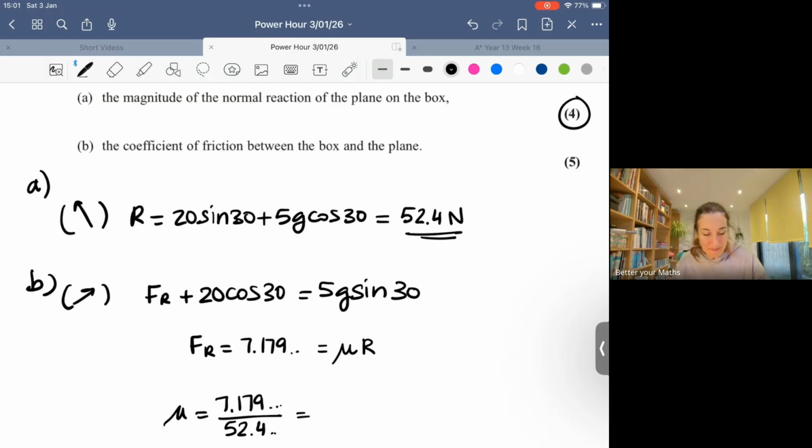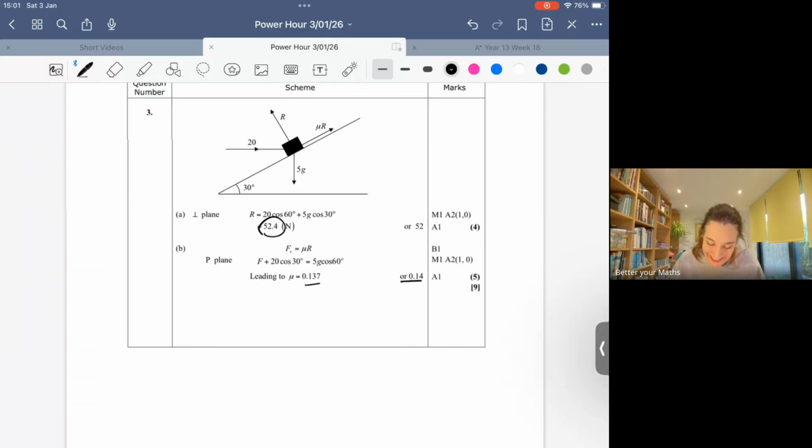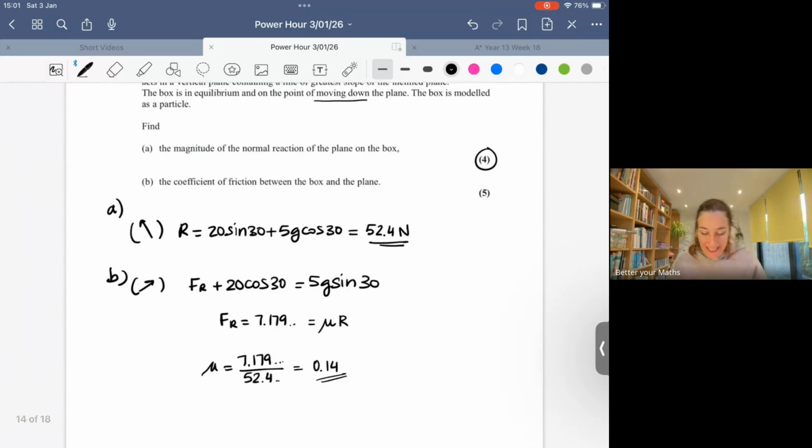And we get, no, sorry, I'm doing it the other way around. 7.179 divided by 52.4, I get 0.137, so I'm going to leave 0.14. Let me check the answer. 0.137. So okay, either 0.137 or 0.14. Does it make sense?